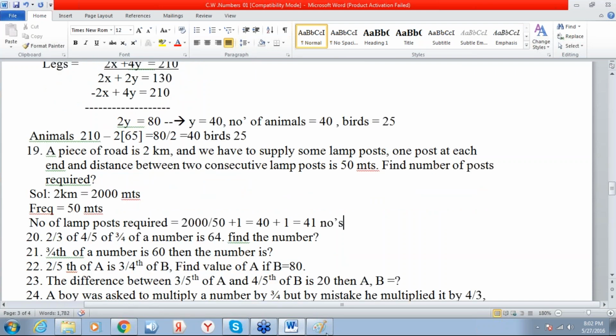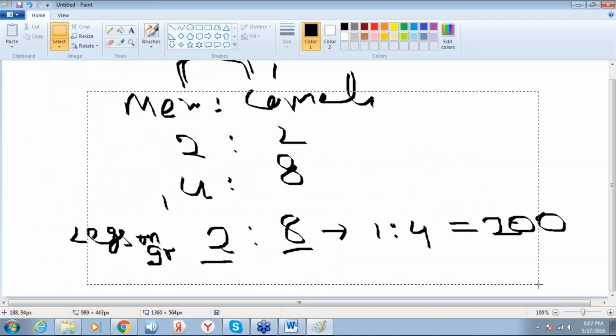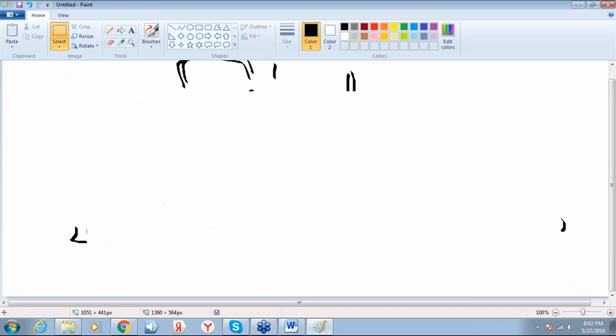Why? Because, for example, there is a road of 30 meters.